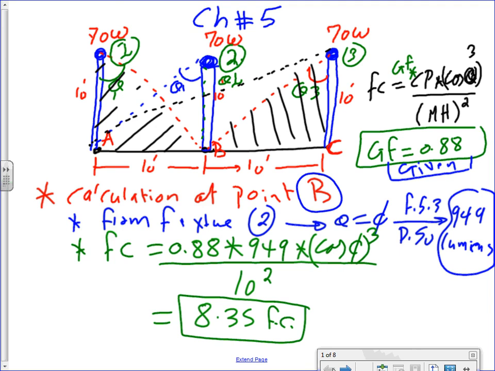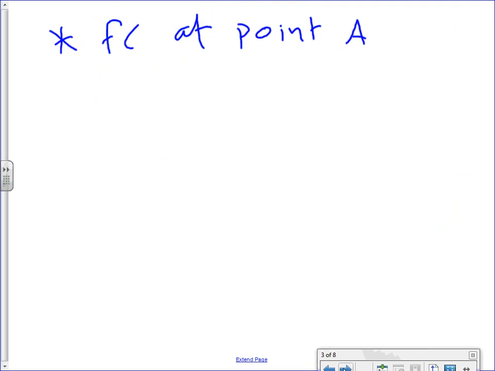Do I need to do the calculation even? From 1 to A is identical to 2 to B. So no need, same calculation. Same fixture, same calculation, same guard.